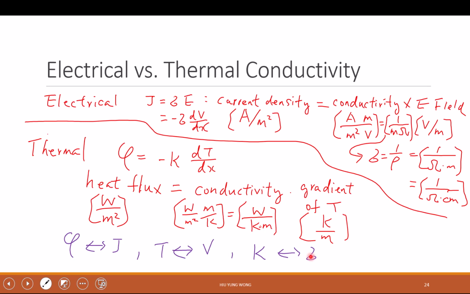Think in that way. The ways you used to analyze electrical quantities will be similar for the thermal one, because you have the same equation, right? The reason I want to introduce this is that when you talk about temperature, if you don't know this equation, it doesn't make sense.